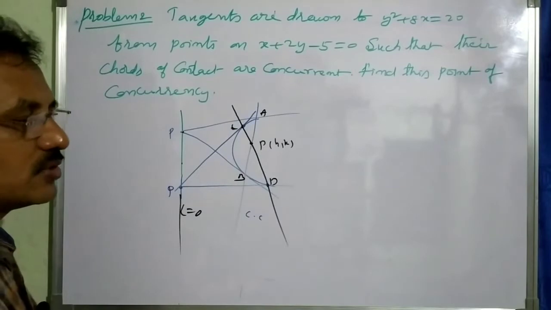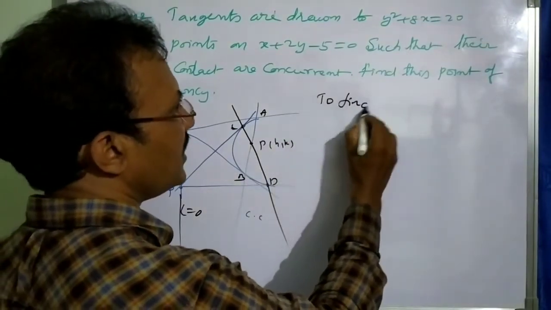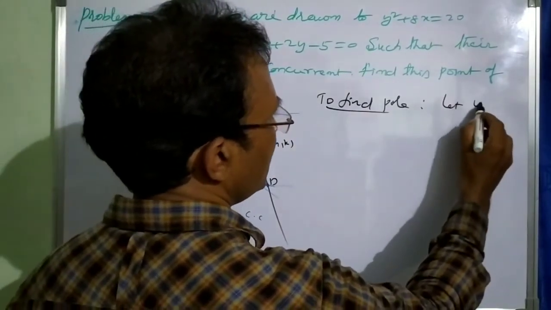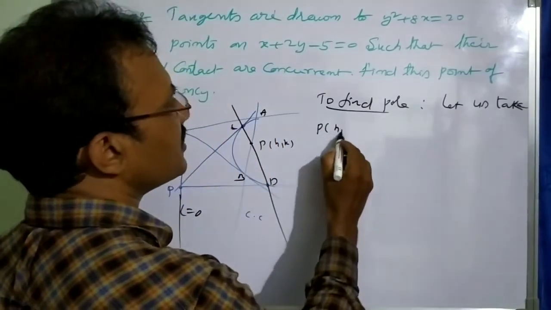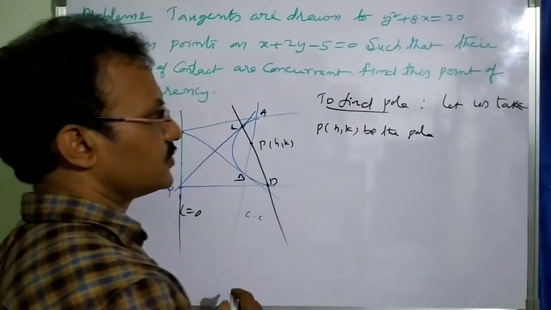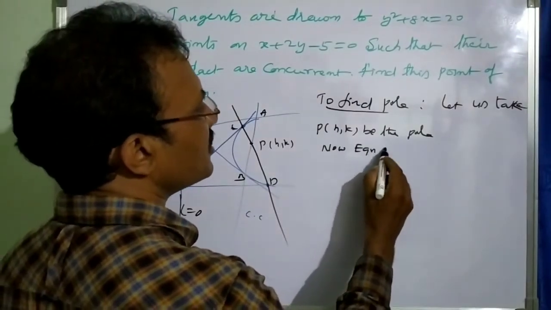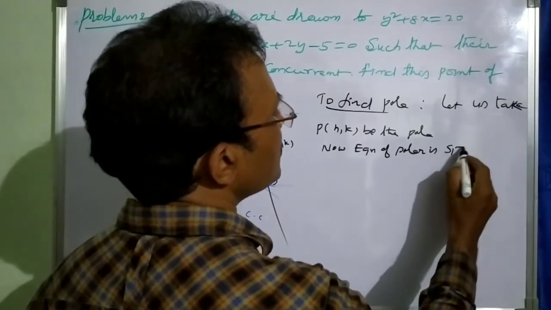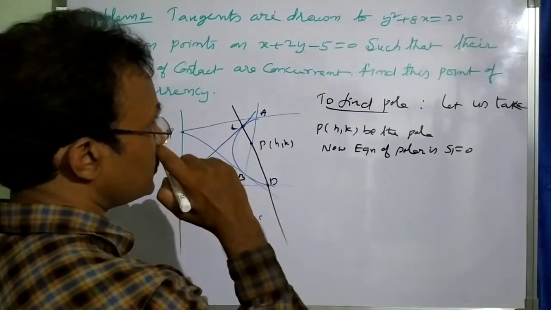How to find the pole? Let us take P, H, comma, K to be the pole. Now the equation of the polar is S1 is equal to 0.